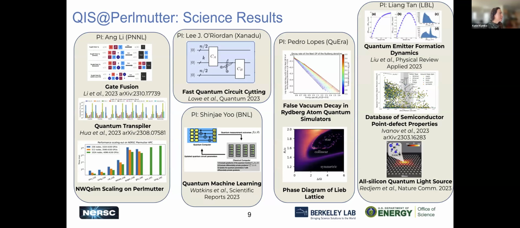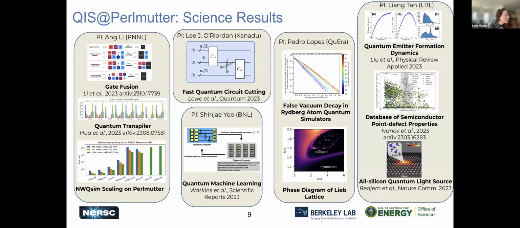And just to show some highlights from these first two pillars, so QIS at Perlmutter, we've gotten a lot of different results from people doing things in the area of compilation and transpilation. How do you actually build good gates effectively, and how can you test that for chemical systems, material systems? People looking at ways to actually simulate classically large-scale quantum circuits, which is very challenging because these things scale exponentially.